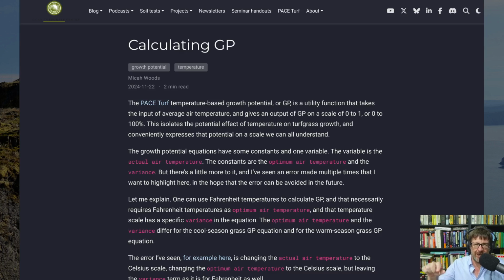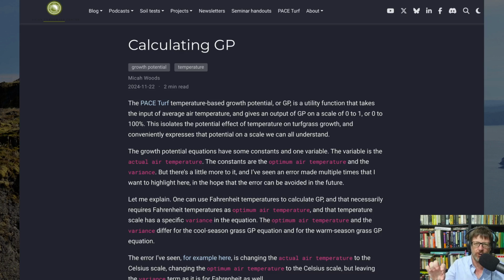And the growth potential, if you plot on the horizontal axis the temperature from freezing up to a very hot day, which would be over 100 degrees Fahrenheit or more than 37 degrees Celsius, if you look across that range, growth potential is a curve.